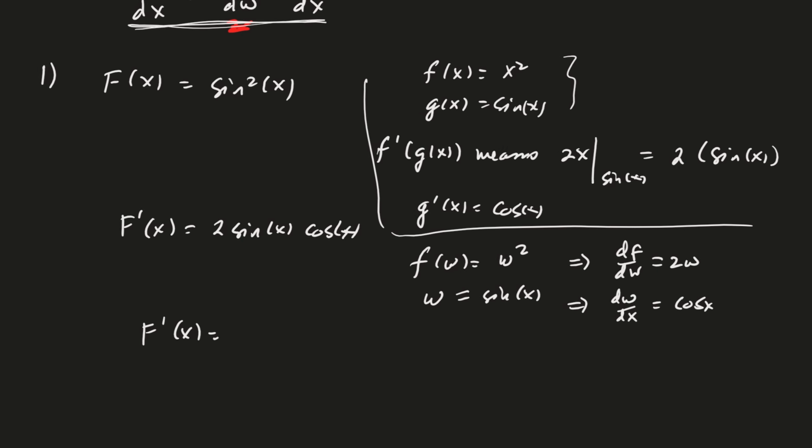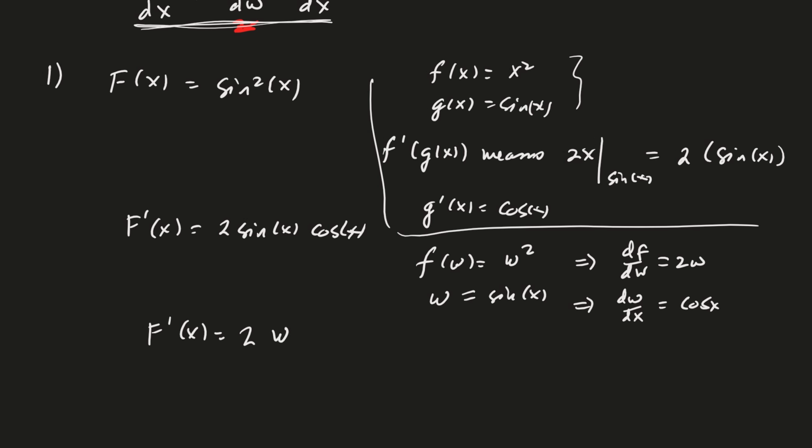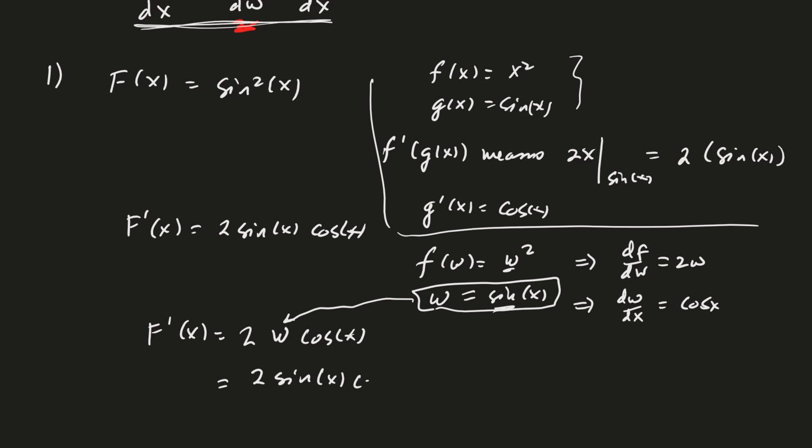The derivative would be 2w times the cosine of x, but the last step is to replace your w. Put the w back in, so you end up with 2 sine of x cosine of x again.